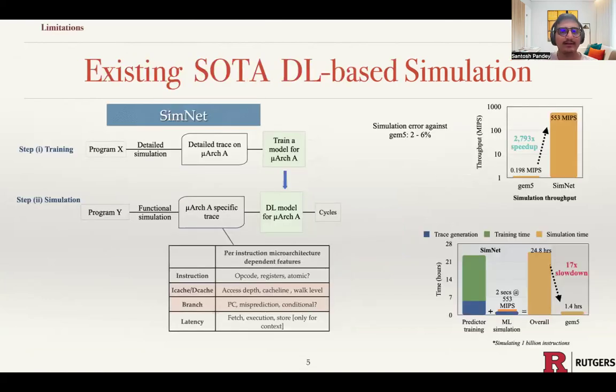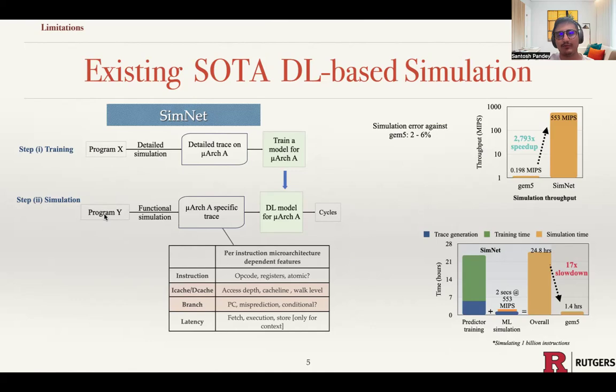Now let's see how the existing state-of-the-art work, SimNet, works. SimNet has a two-step process. The first step is training. We collect different benchmarks and perform detailed simulation to get the timing information from the traces, and then we train a model based on that information. After we have a trained model, we can simulate unseen benchmarks.